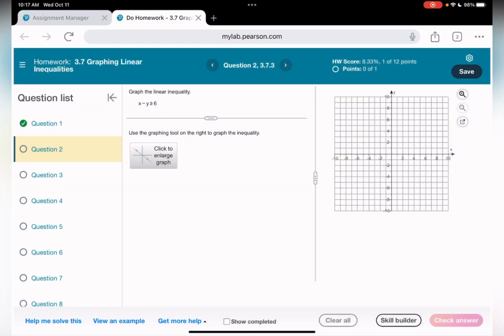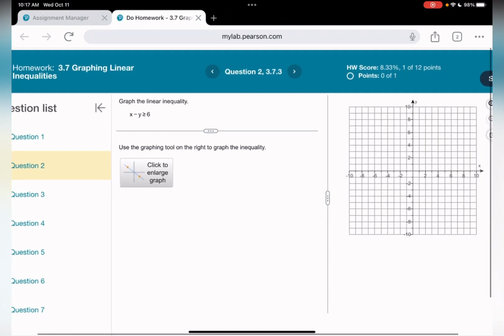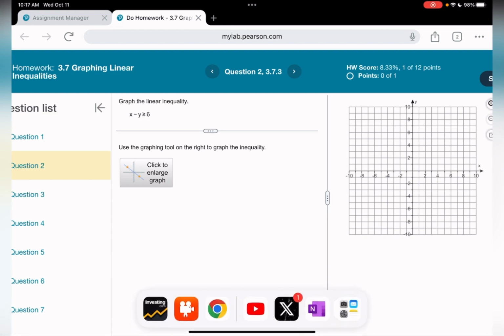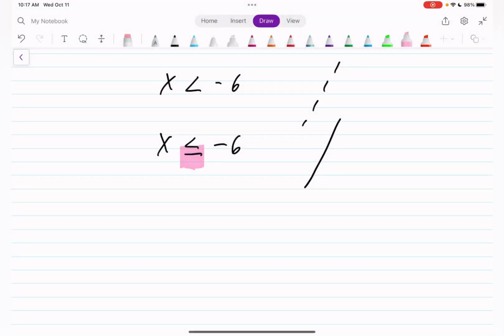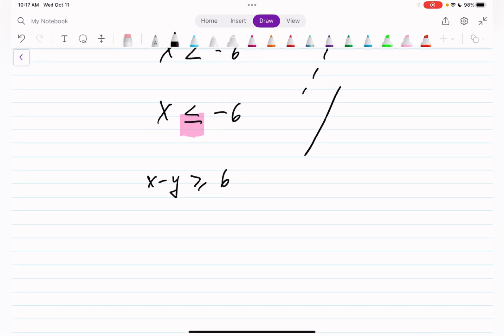Next one, what do we have here? x minus y greater than or equal to 6. From here, I'm going to rewrite in the form of y equals mx plus b, right? So it's going to be -y greater than or equal to, flipping this x here, -x plus 6.